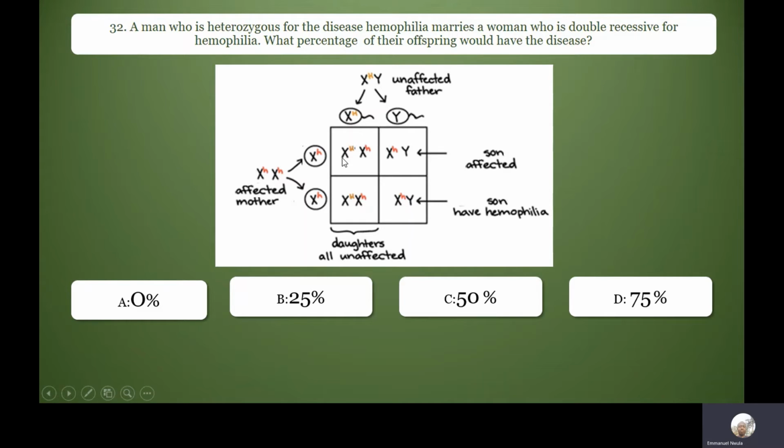So if you cross them using the Punnett square, you will get half of the offspring being affected. You can see here that the sons are affected, the daughters are not affected. Okay, so 50% of the offspring are affected. So the correct option is C.